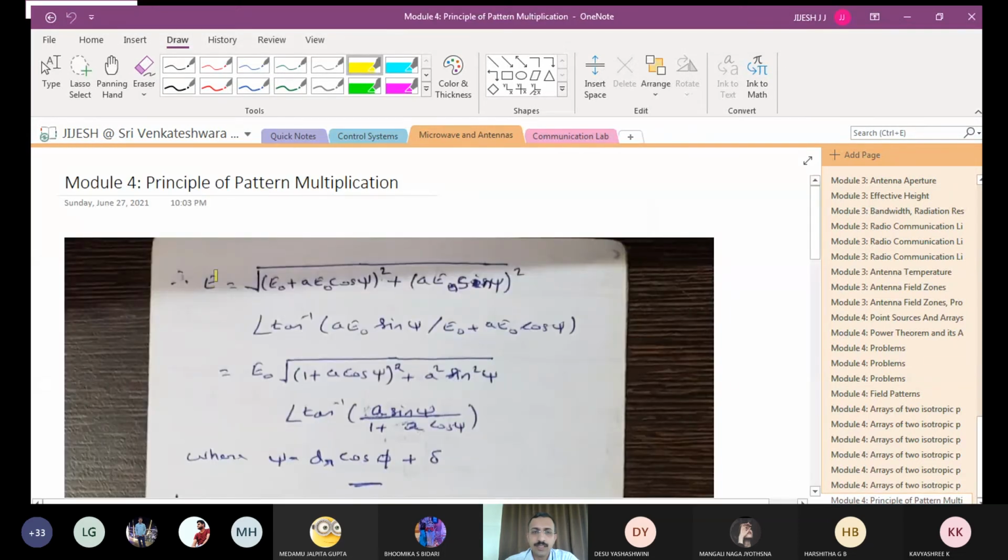So E can be written as the root of, since there is a change in amplitude, we have to write the root of (E naught plus A E naught cos psi) whole square plus (A E naught sin psi) whole square, and its angle will be tan inverse of A E naught sin psi divided by E naught plus A E naught cos psi. This can be further simplified by taking E naught common outside, and you will get this equation.